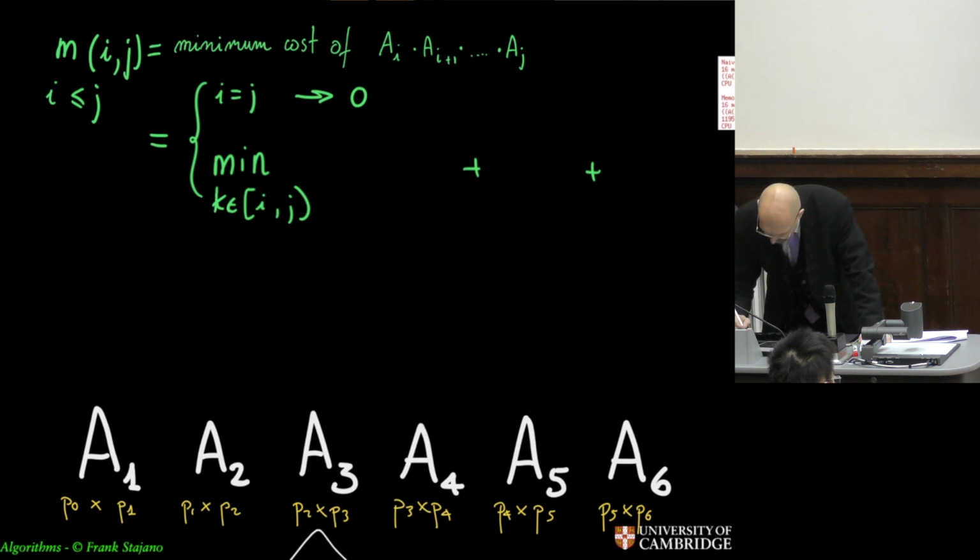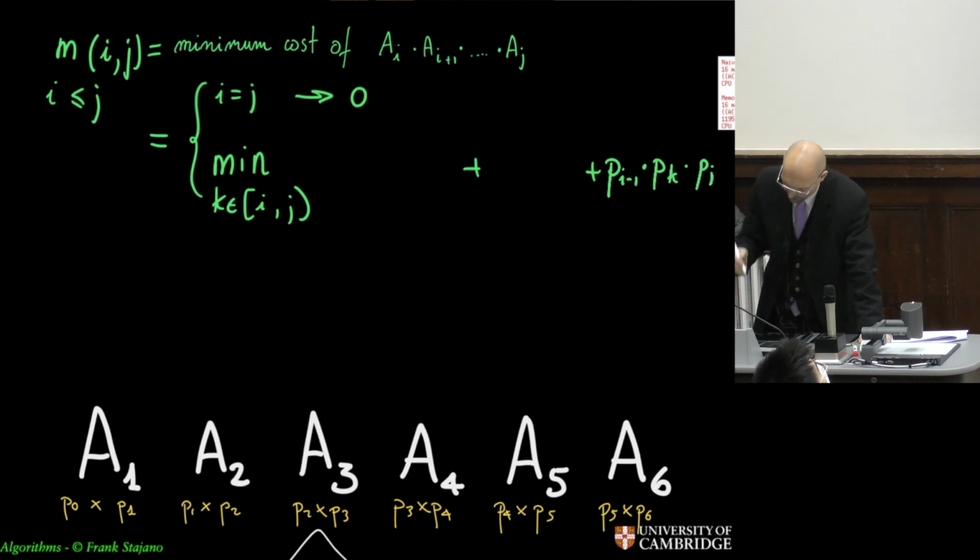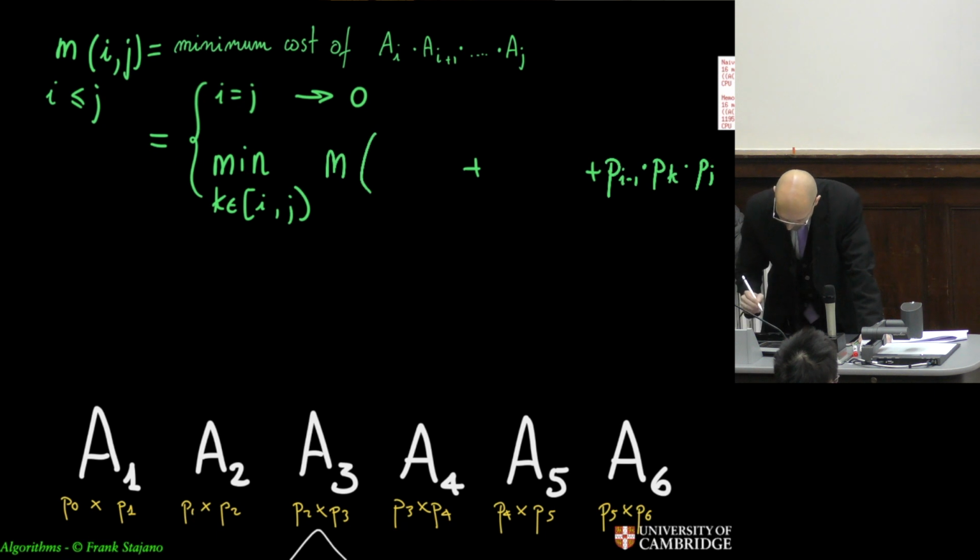I'm writing p(i-1) times pk times pj. These are the three dimensions of the top-level matrix in the cut. And then the two sides, which are the minimum cost of cutting from i to k and the minimum cost of cutting from k to j.